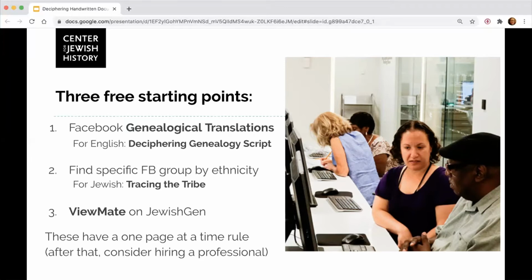Keep in mind that all of these groups function by the voluntary benevolent donation of time by all of the members of the group. So there are always some rules that you should follow to be courteous. Read the group rules and keep them in mind if you're posting documents for translation.